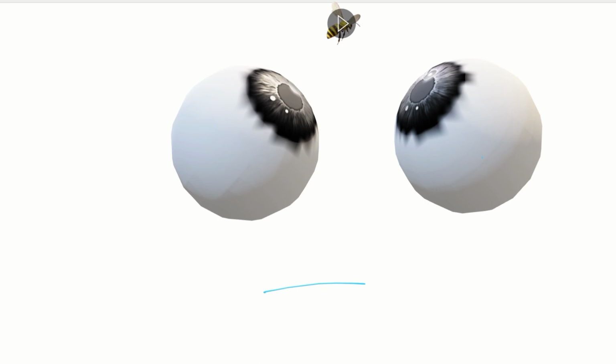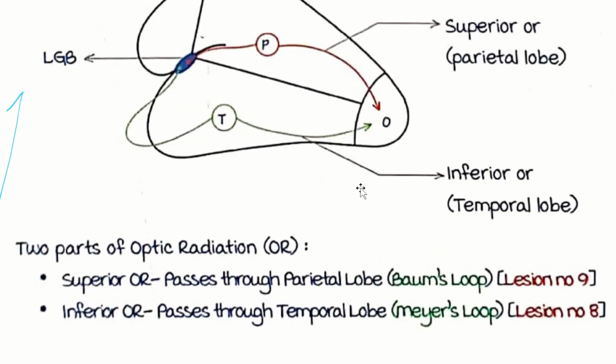So because of this reason, whenever there is a lesion at this loop, which is the superior retinal fibers, Baum's loop, which passes to the superior parietal fold, that means the superior part of the retina, which field defect will we see?